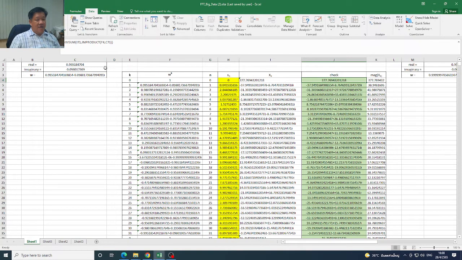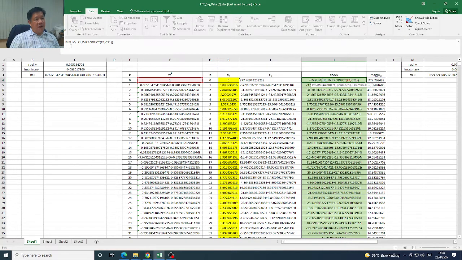First of all, it becomes the IM sum of I71 and the IM product of F4. This is W to the K, right? You look at this formula, IM sum. IM is coming from imaginary, so they try to send this as a complex sum.